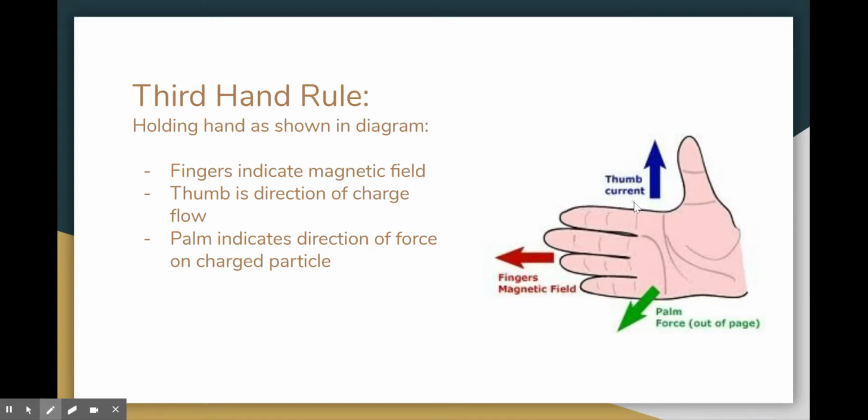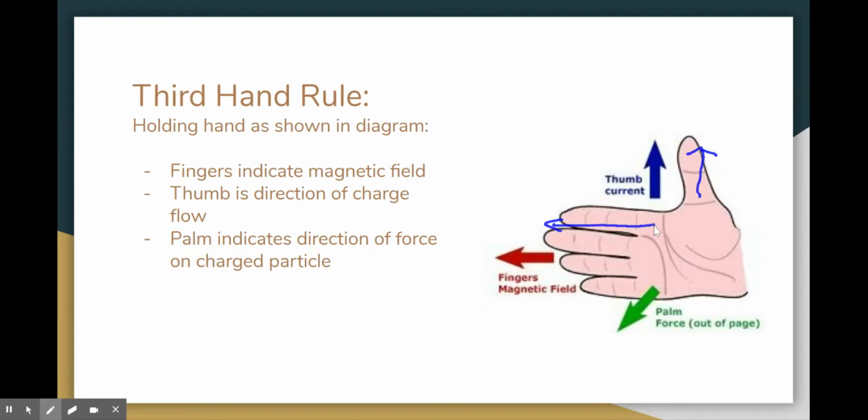As I'm talking, just put your hand straight out, palm out. If you're using your left hand and you're looking at the back of your hand right now, you should see an L on your hand. And if you do that, then your thumb will be in the direction of current flow if we do this right. Fingers will indicate the direction of the magnetic field, and then your palm will indicate the force.